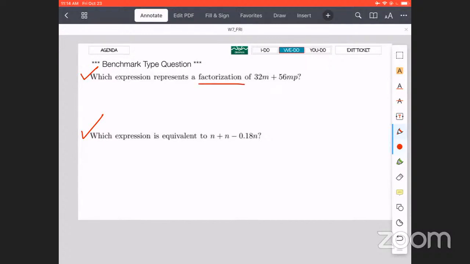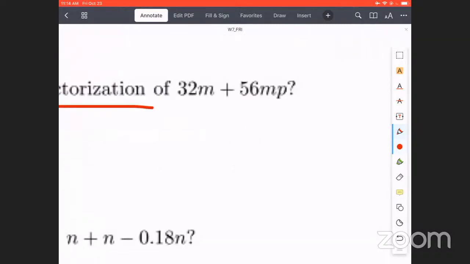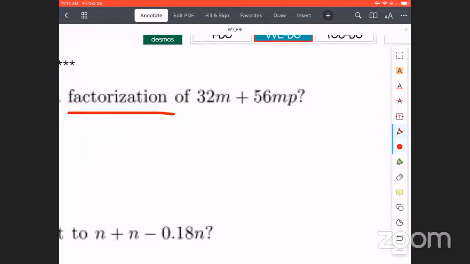What is a factorization? It means applying the backward of the distributive property, which means you need to find the common factor for each term. For example, what is common in each term? Like 32m and 56mp. What is common?